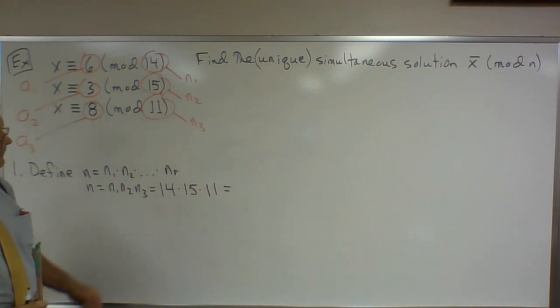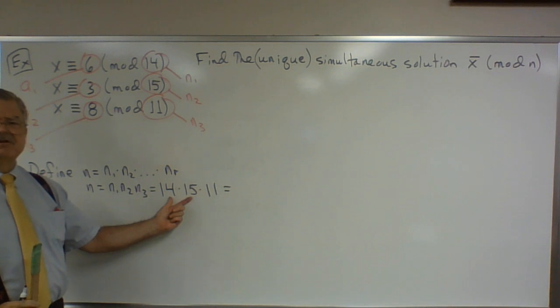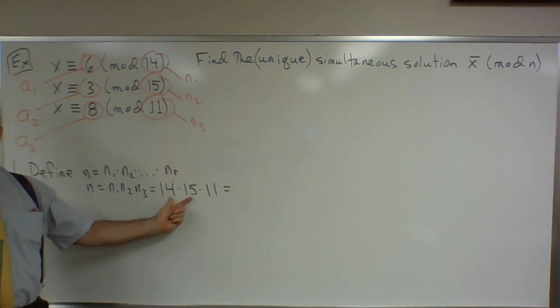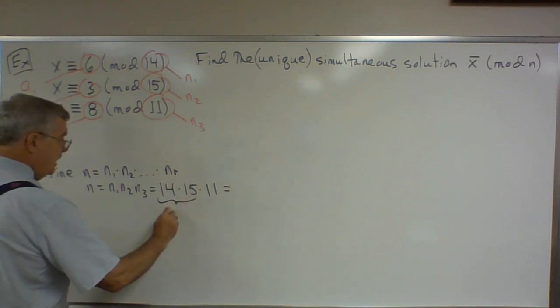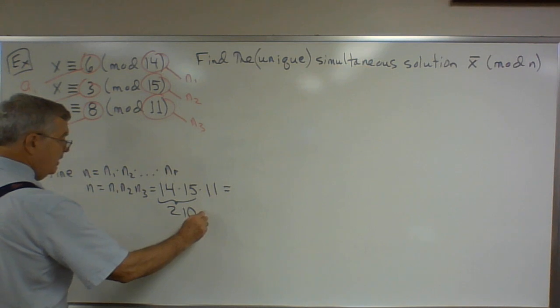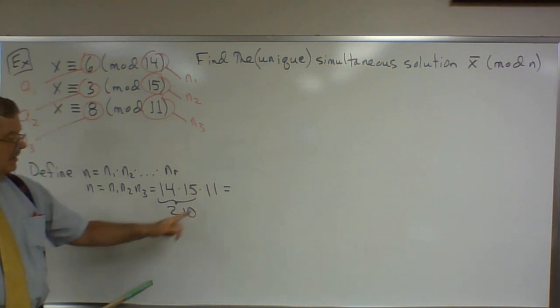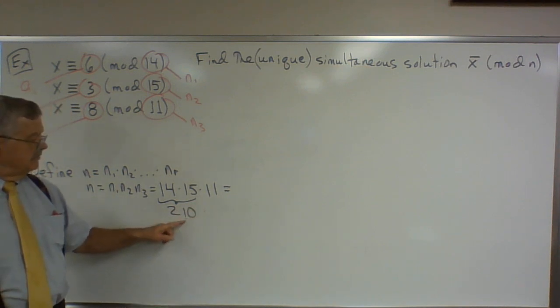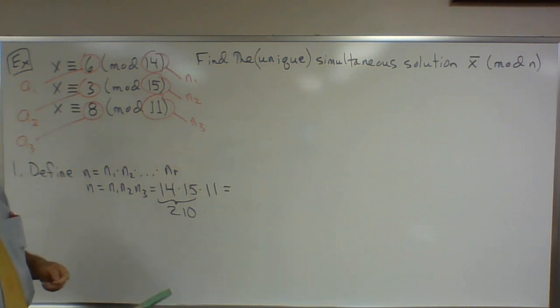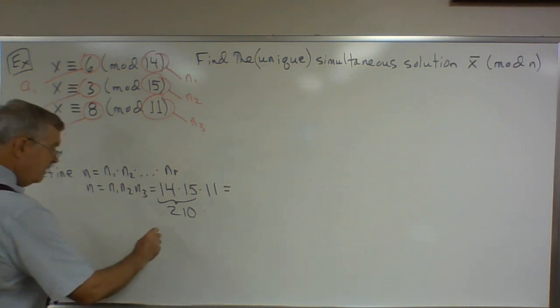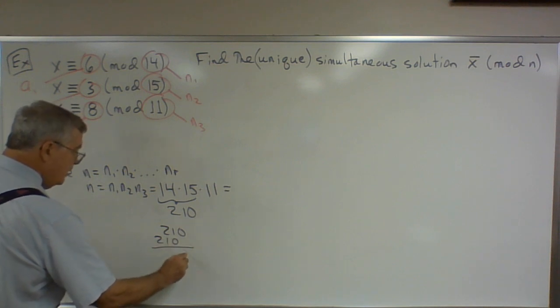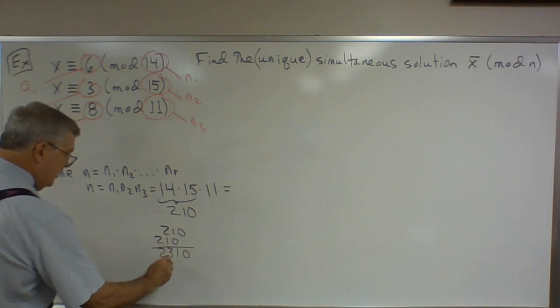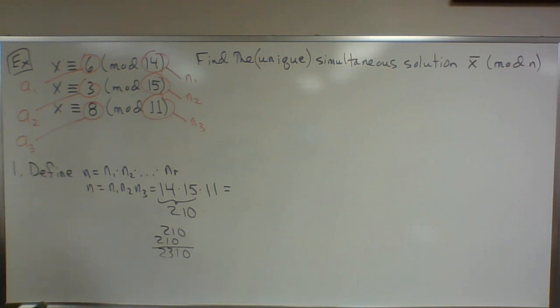And let's see, 15 times 15 is 225. So 14 times 15 would be 15 less. So I'm thinking that's 210 times 11. 210, 210. 2310, I hope.